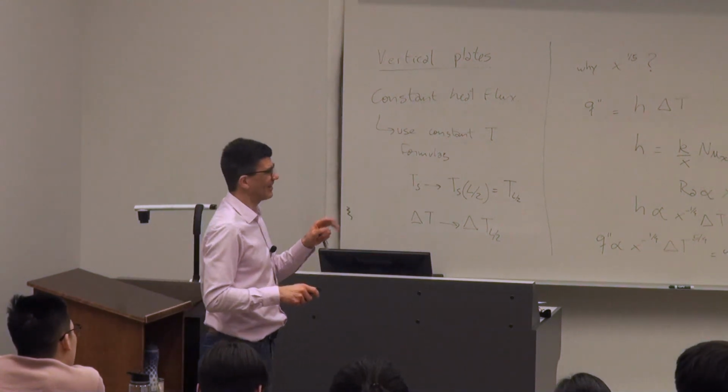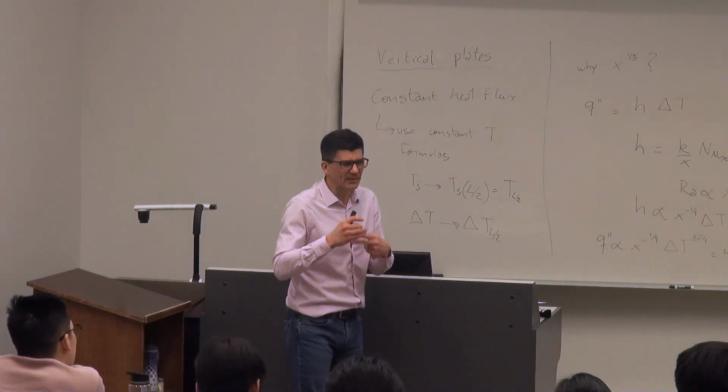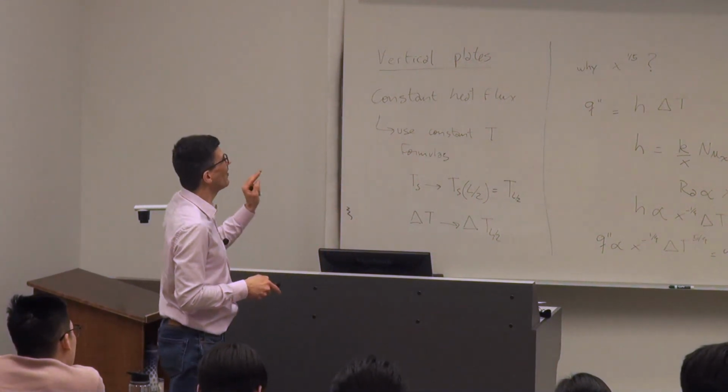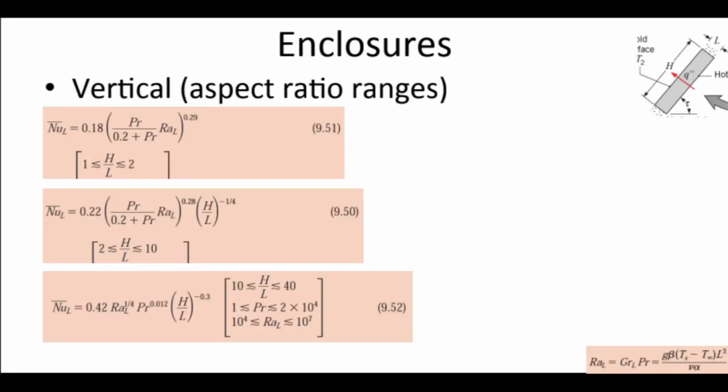Double pane windows, I got them now. I was hoping there was some crazy correlation, but no. It's just make sure there is no convection. Now, if the gap is big enough, then we are going to have all these convective flows, and we have formulas depending on H over L, right?